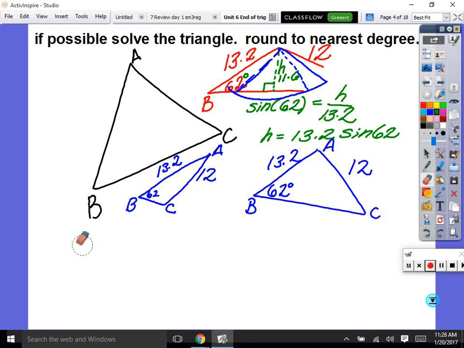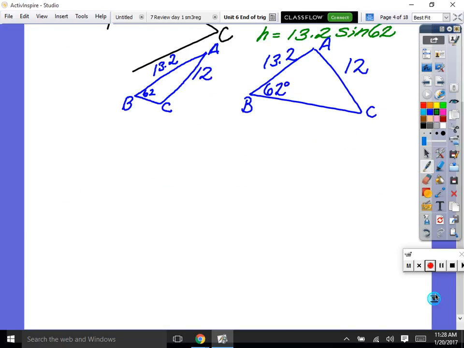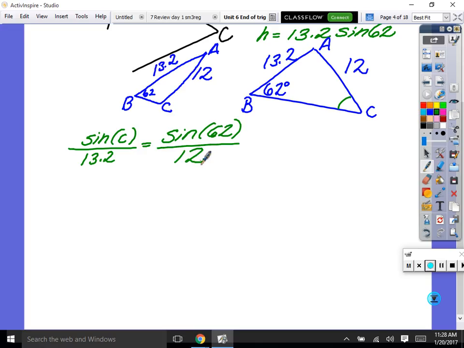And find angle C. I'm getting myself some room here. So we're going to find angle C. So we would say sine of C over 13.2 equals sine of 62 over 12. So C is going to be equal to, if you did the algebra, and I'll explain why I know I'm doing the acute one in a second.